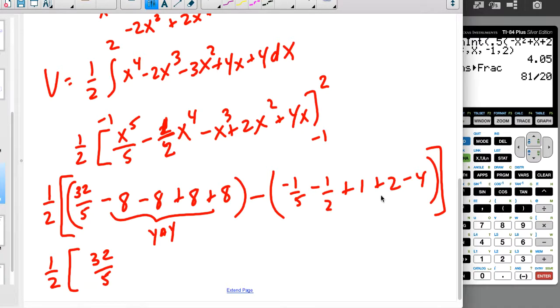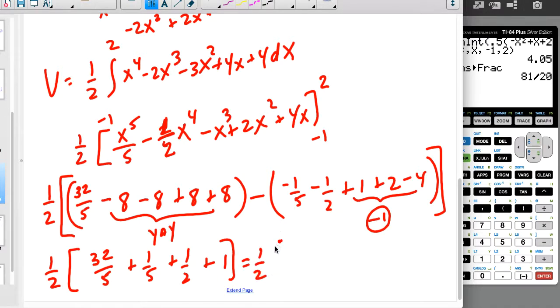I'm going to get that this, so I probably would combine these together to get a -1 first because that's a 3 and a -4. So I'm going to get a +1/5, a +1/2, and then a +1. And now it's just a matter of getting a common denominator, which should be 10 because of the half and the 5. So I get this 1/2 in front. So this is 64. Actually, you'd probably make this a 33, so you'd probably get 66 tenths.